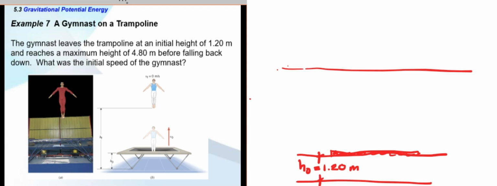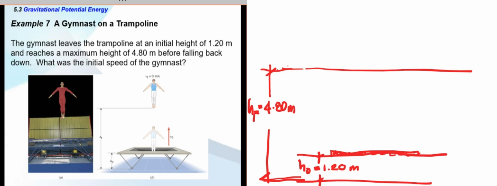So the final height of the gymnast, it reaches a maximum of 4.80 meters from the ground. This is your height final, 4.80 meters.